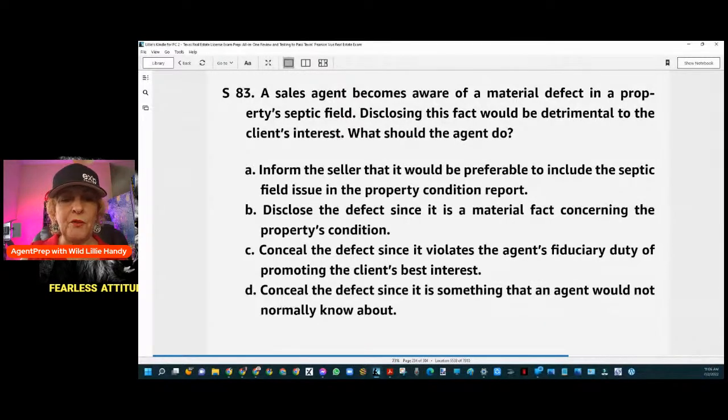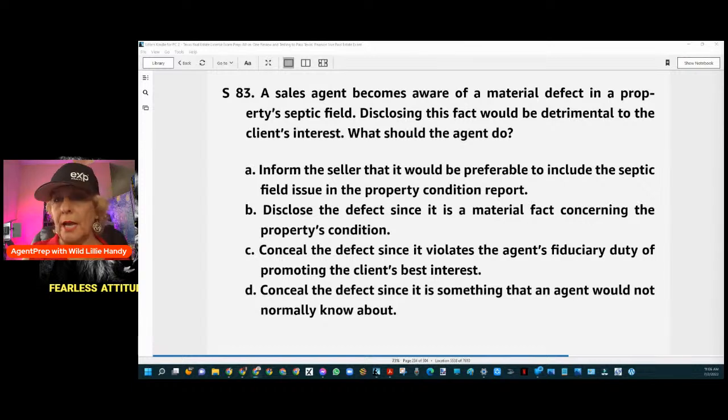So what do we have to do for a material defect? Right, we must disclose. We must disclose the defect since it is a material fact concerning the property's condition.